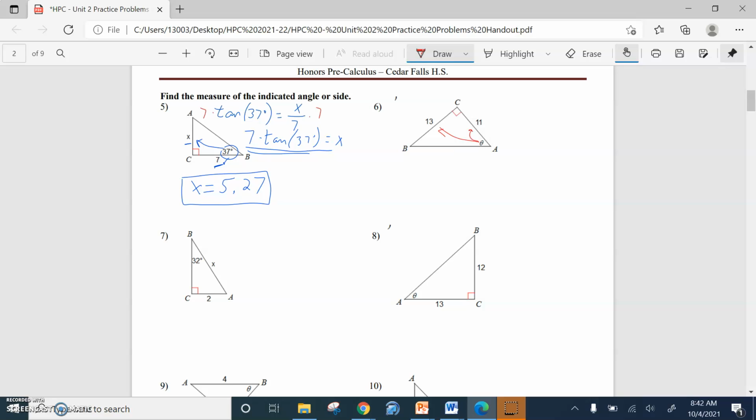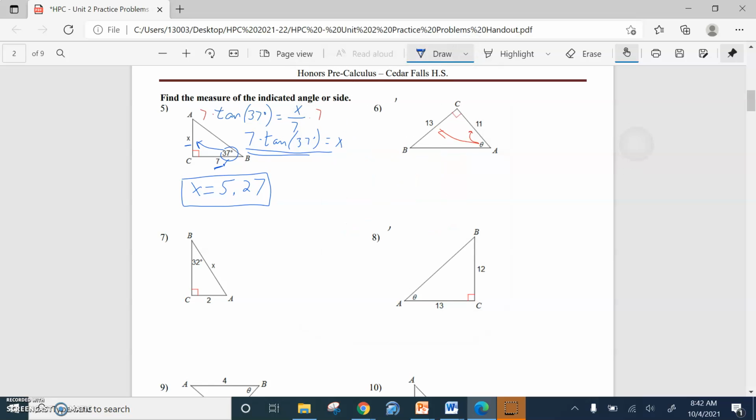What we don't have is the hypotenuse. So again, we're working with tangent. Tangent of theta is equal to opposite over adjacent, so 13/11.